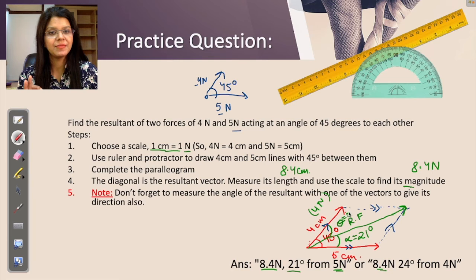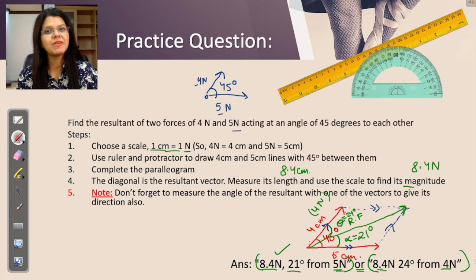This other angle would be 24 degrees from 4 newtons. You have to give one of them as your answer. Either this or this, not both. Both are not required.